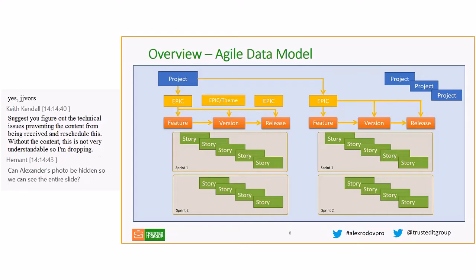But as soon as you start going further down from epics to things like features, versions, releases, and then further down you start decomposing that and putting in those stories, the backlog and stories, and then throwing them into certain sprints.